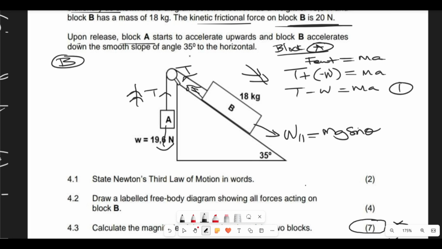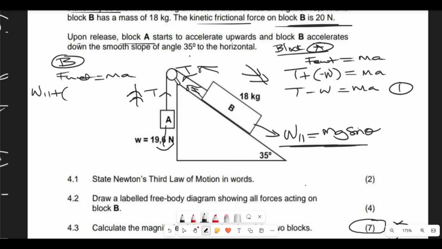Which force is in the direction of the motion? The block is going down. The leading force will be this one. It's the first force that you will write. So let's establish Newton's second law. We say F net is equal to ma. So the leading force now will be weight parallel, and then you say plus. You add the forces, but since the positive side is the direction of the motion, these 2 forces will be negative because they are acting opposing the motion, and the motion of the system is going down.